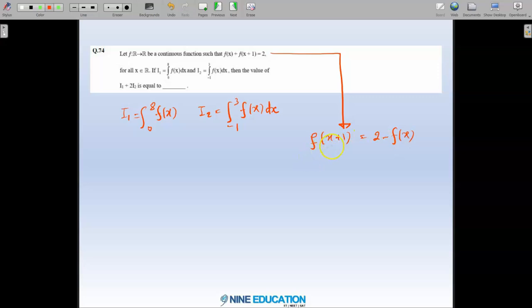Now if I replace x with x plus 1, this will become f of x plus 2, that is equal to 2 minus f of x plus 1.